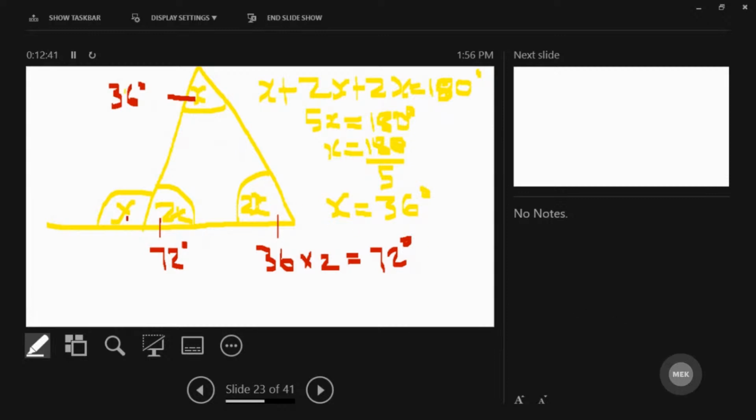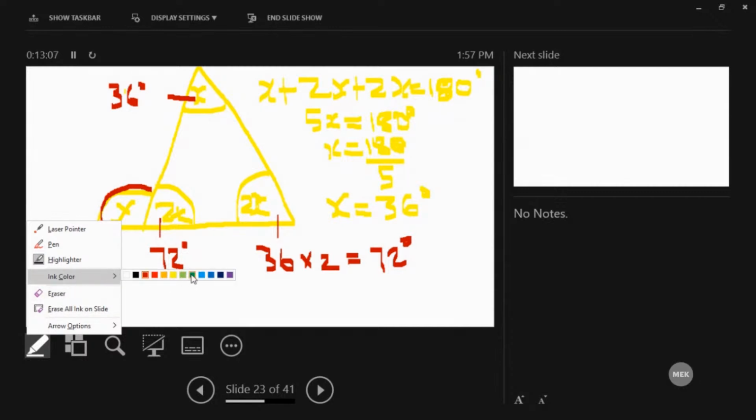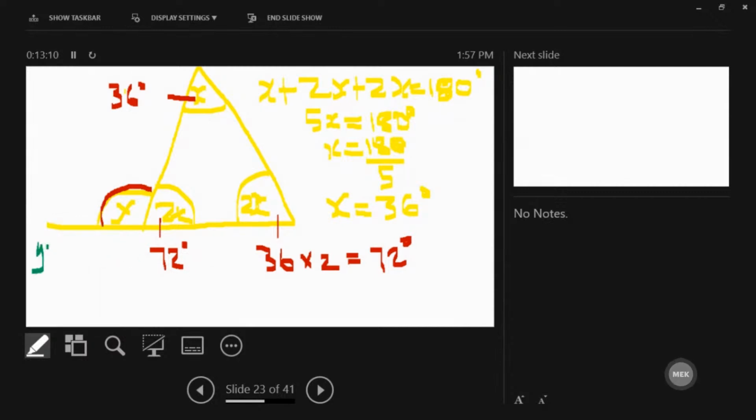So the exterior angle, this angle out here, is equal to the sum of the 2 opposite interior angles. So that means we can just add the 36 and the 72. So Imani is correct. So for y, we just add the 72 and the 36, the 2 opposite interior angles, and we get 108.